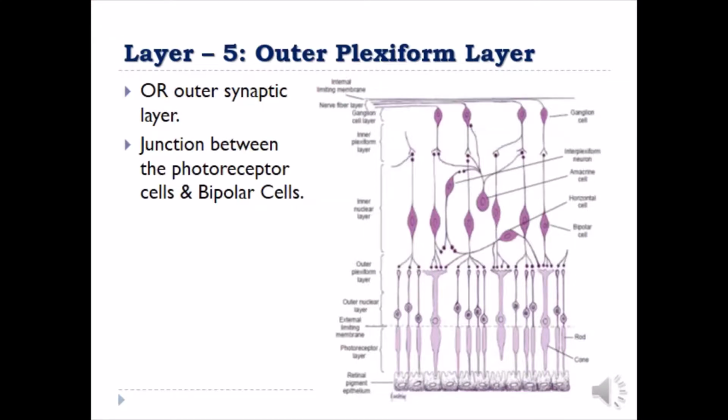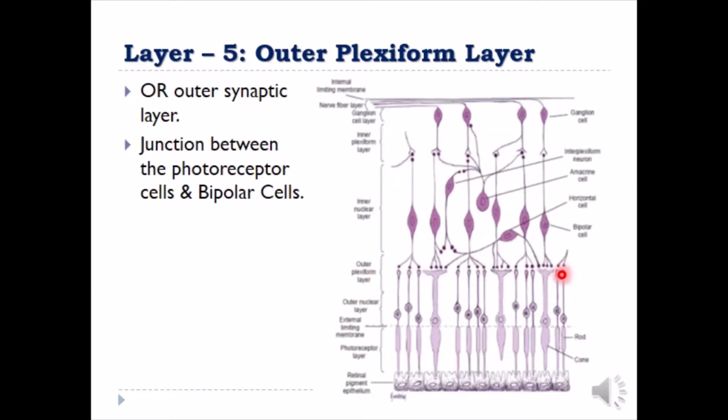Okay, so here is the next layer that now we will be able to easily tell: this is the outer plexiform layer. I already discussed, plexiform means it is the junction. You can see it over here. These are the photoreceptor cells and these are the bipolar cells. So the junction between the photoreceptor cells and bipolar cells is known as outer plexiform. So plexiform means connection.